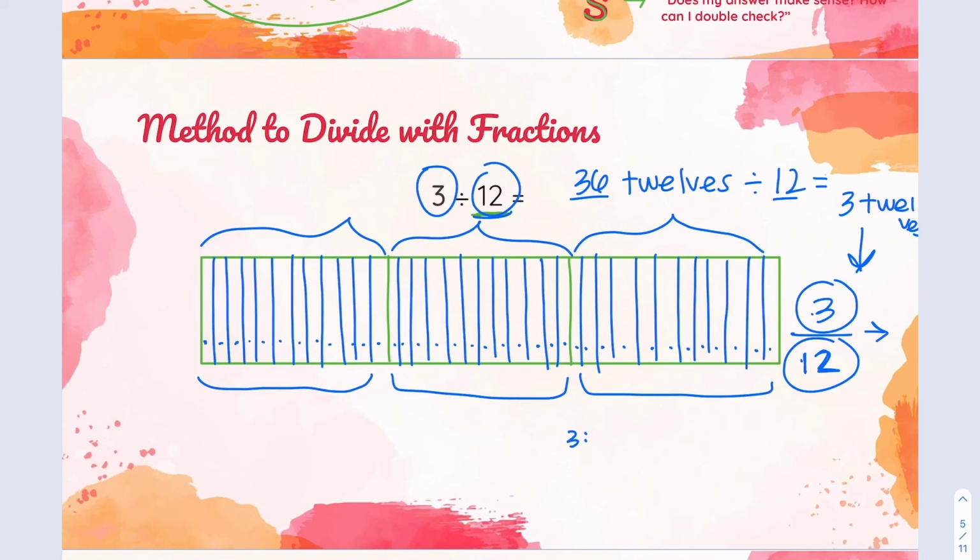So we have 3, 6, 9, 12, and then 3 times 4 gets us 12. So I know that 3 divided by 3 is 1, and I know that 12 divided by 3 is 4, so our fraction simplified is 1 over 4. So our answer is 1/4.